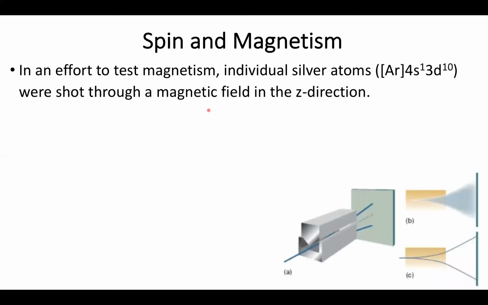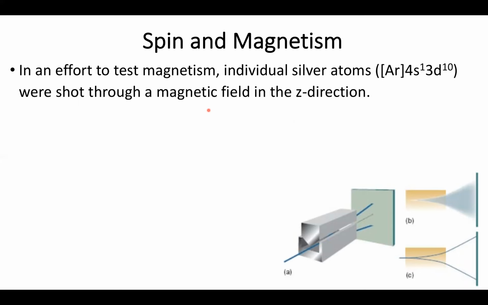So what was originally happening is back in the 1930s, some physicists were shooting silver atoms at a metal wall through a magnetic field, as one does. And what they found was a very interesting effect.